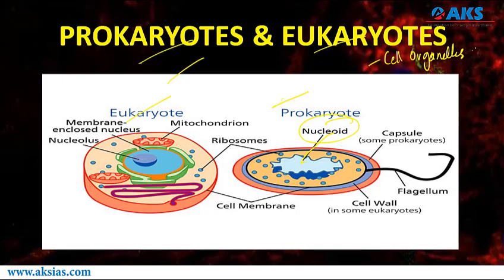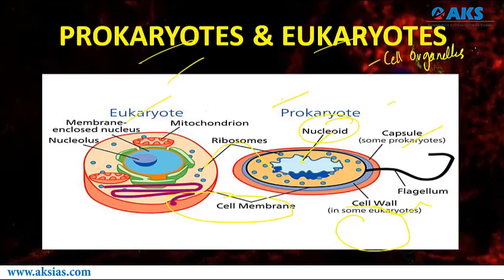In prokaryotes we have the nucleoid, the capsule, which some prokaryotes have, and this tail-like structure, which is called the flagellum. Next we have the cell wall, and next the cell membrane. Ribosomes are present in both eukaryotes and prokaryotes.